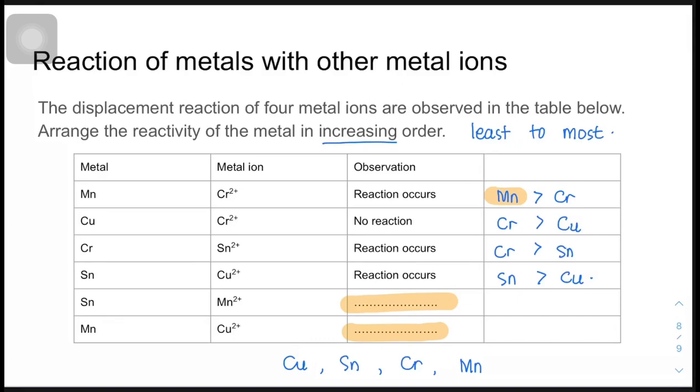Now we just need to fill up the remaining two. Sn and Mn. Sn is less reactive than Mn, therefore it will not give any reaction. And the last one, Mn, is the most reactive out of the four, therefore for sure we can observe the reaction, and the reaction occurs.